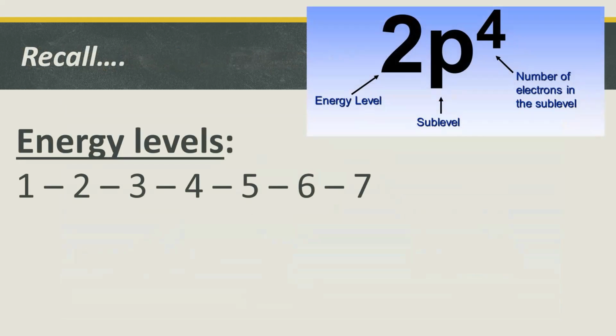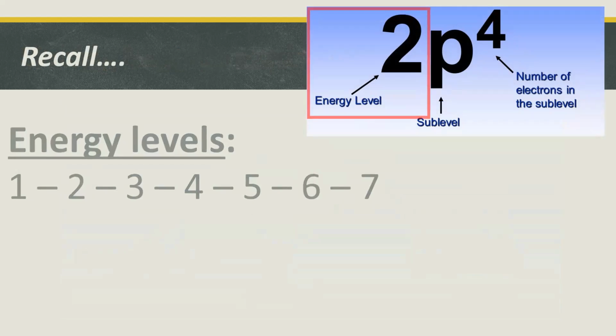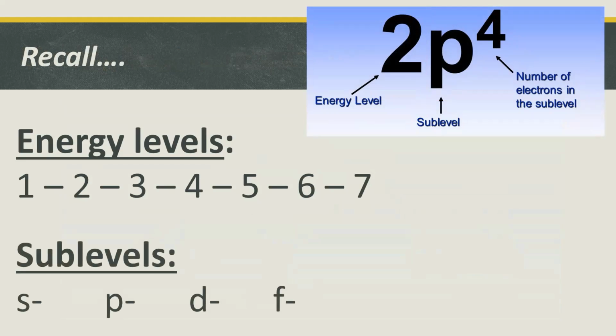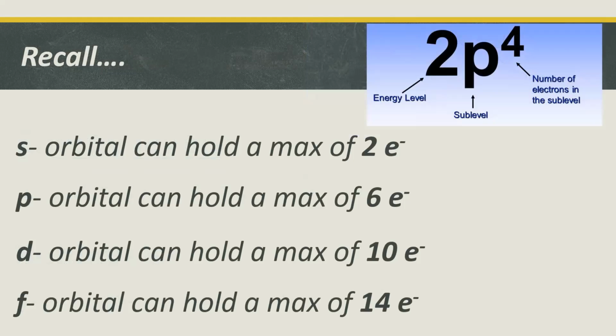So once again, remember the energy levels can be 1, 2, 3, 4, 5, 6, or 7. That's the first number. The sublevels can be S, P, D, or F. That's the actual letter. And then the actual powered number depends on the electrons you need, but you have to remember the maximum.